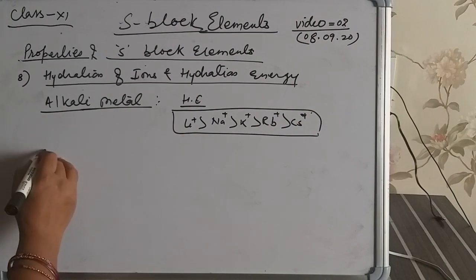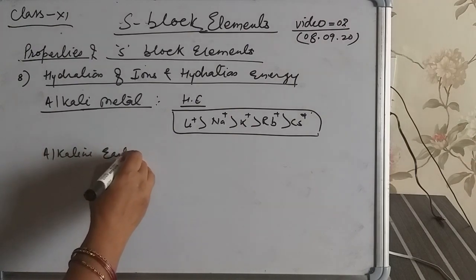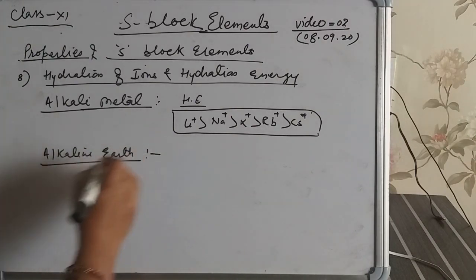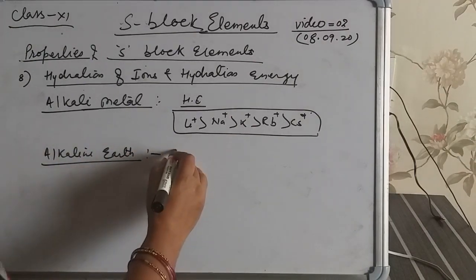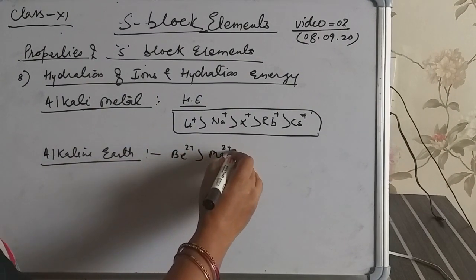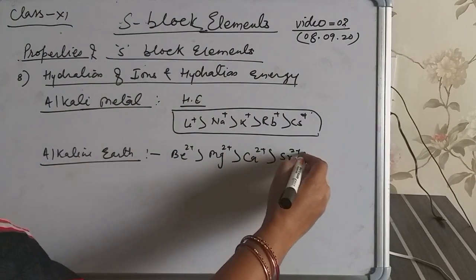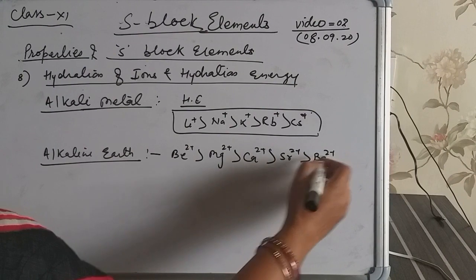And alkaline earth metals: the beryllium ion, then the magnesium ion, then the calcium ion, then the strontium ion, then the barium ion.